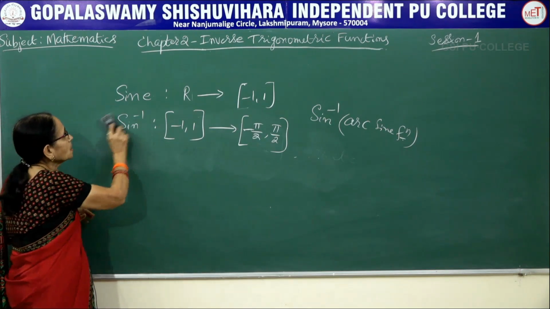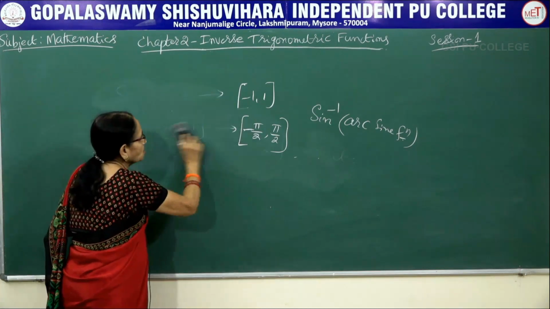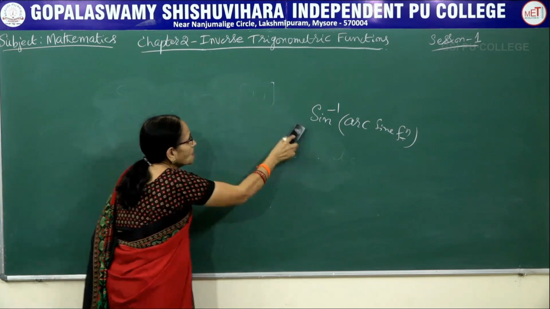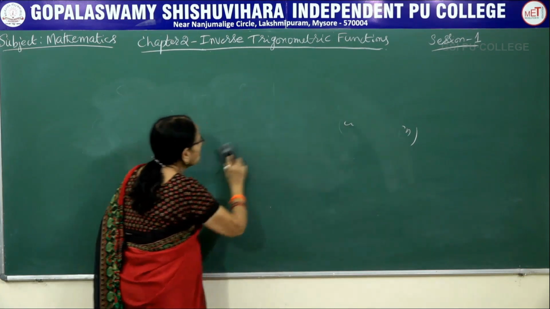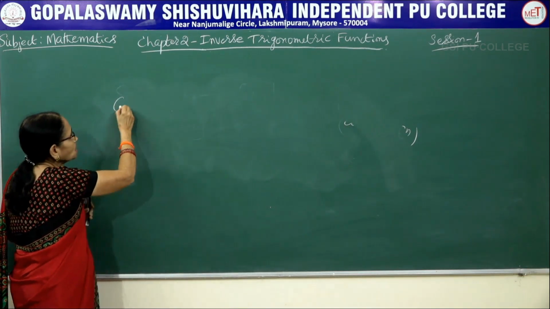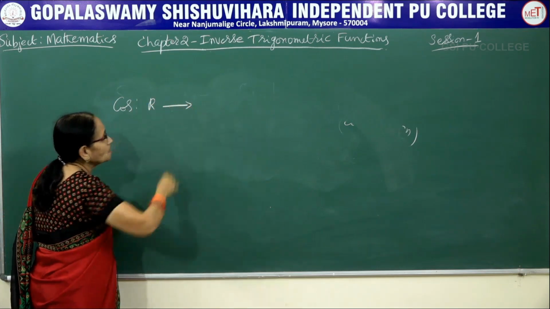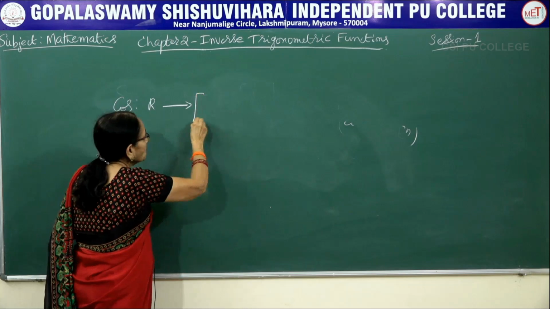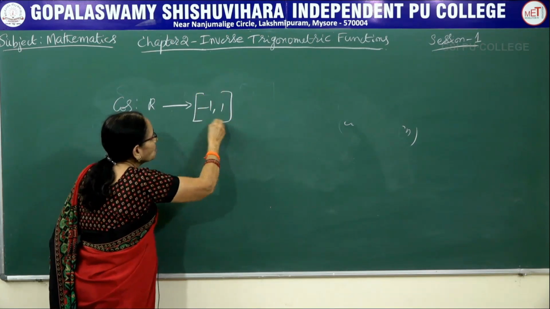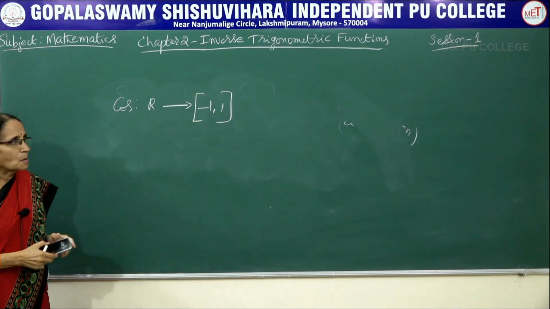Similarly, we can think about the cosine function also, that is the inverse of the cos function. Now let me consider the cos function. Again, here also the domain is the set of the real numbers and the range is the closed interval minus 1 comma 1.